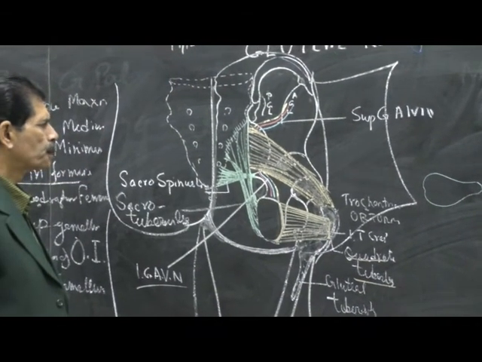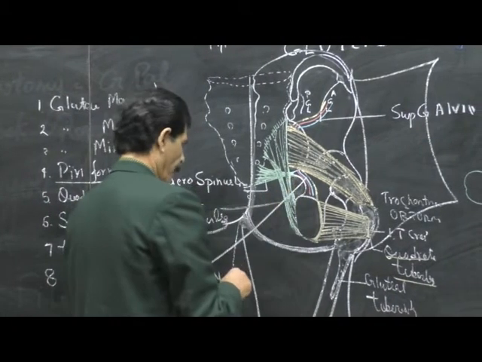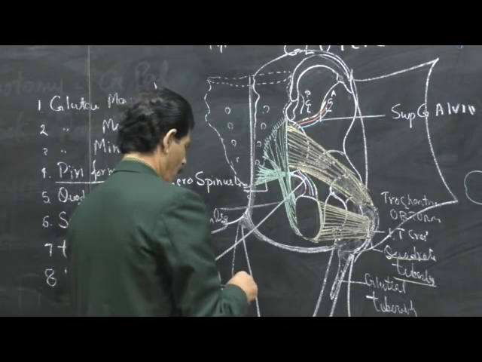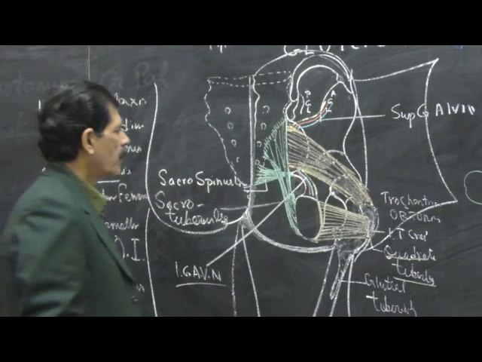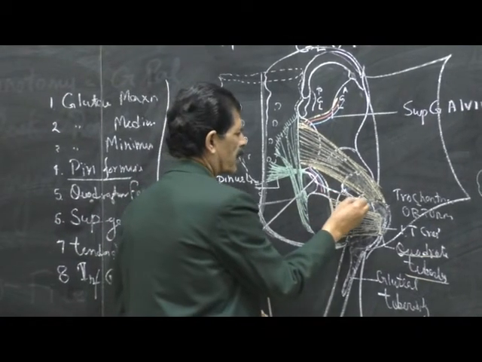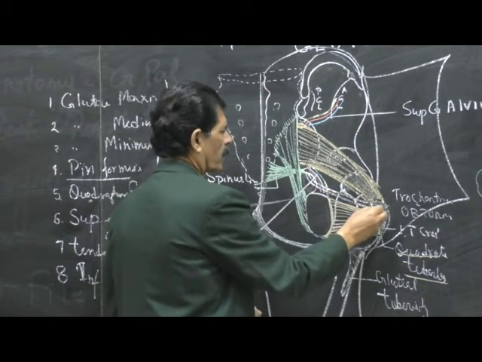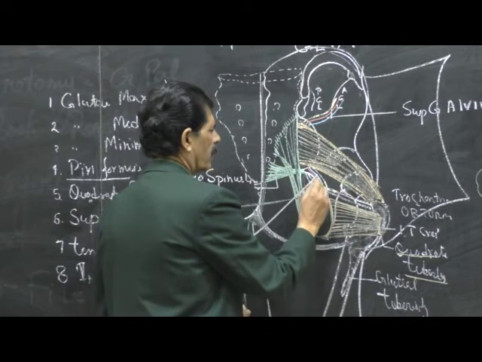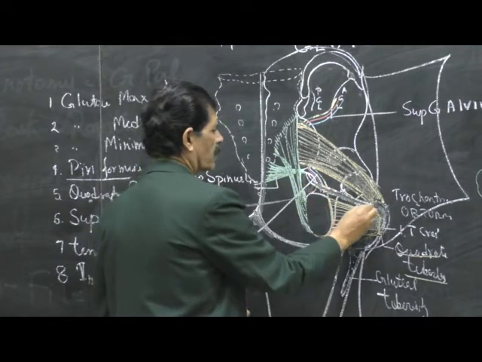Then from the lesser sciatic foramen, and this upper one is the greater sciatic foramen, a tendon of the muscle comes and it is inserted over the trochanteric fossa or the obturator fossa. This is the tendon of the obturator internus muscle.